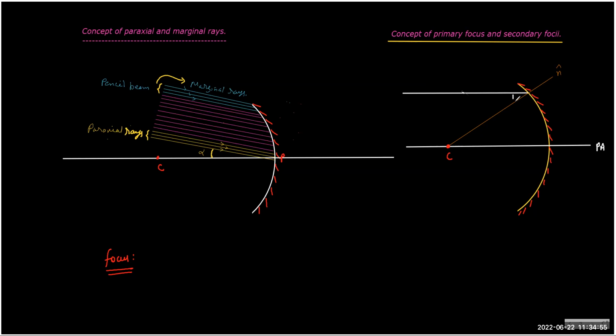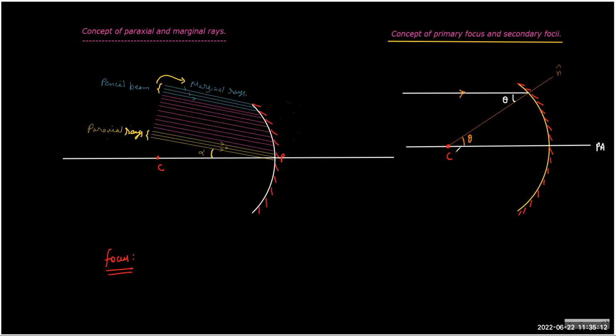Now, if this angle is theta, then this becomes the angle of incidence, isn't it? And this is also theta because of alternate angles. Is this clear?